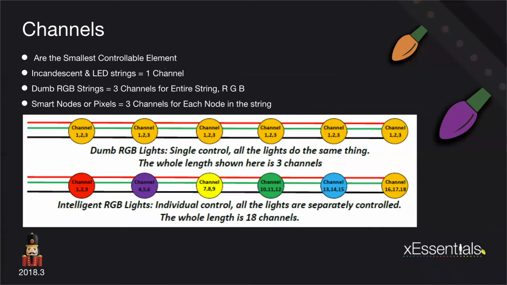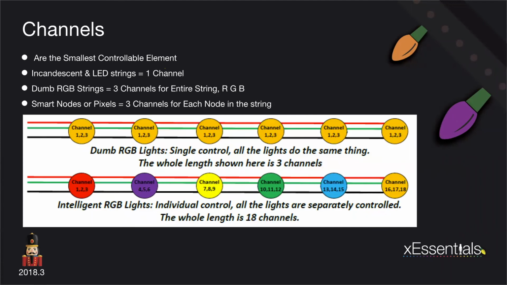I want to represent, visually, what is the difference between a dumb and a smart string. Channels are the smallest controllable element that's available in your display. A very strong representation for most people that came from an older protocol using incandescent or LEDs, where they would have a white, a blue, and a red, or even a green string.